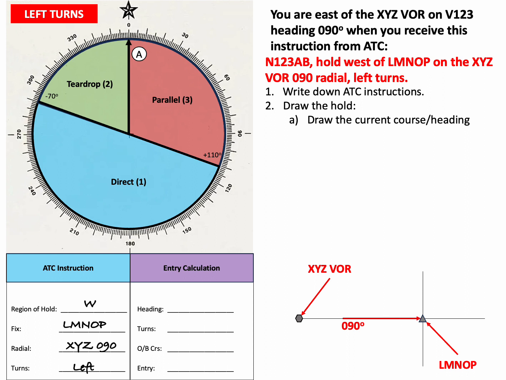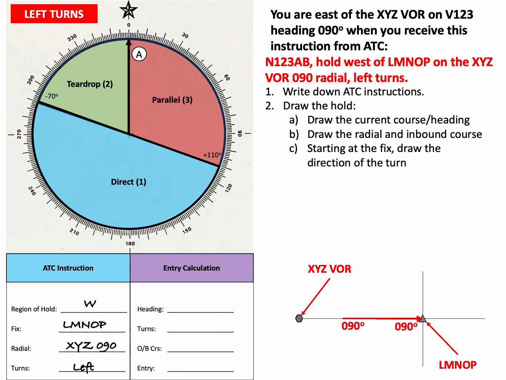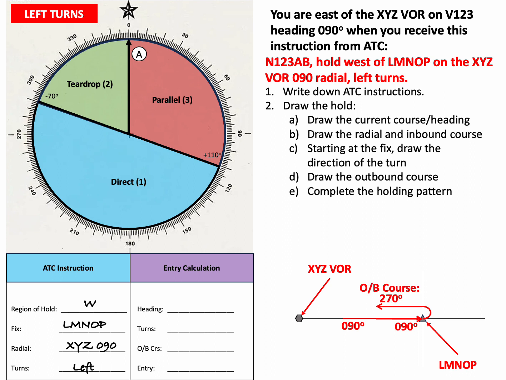Now, draw the 090 radial starting at the LMNOP fix heading west. This path will be your inbound course heading 090. Now, starting at the fix, draw the direction of turn, in this case, left turns. Next, draw and label the outbound course 270. And then add the last turn to complete the holding pattern.